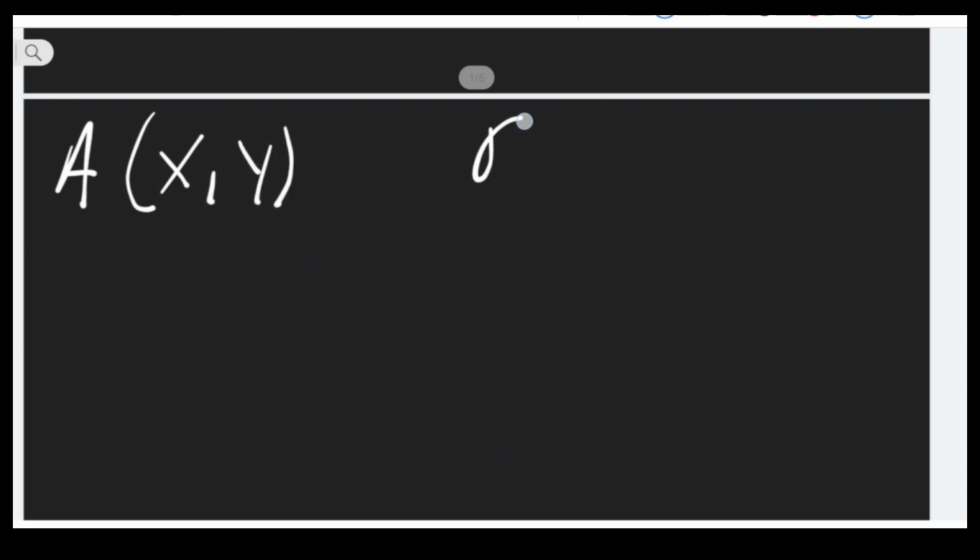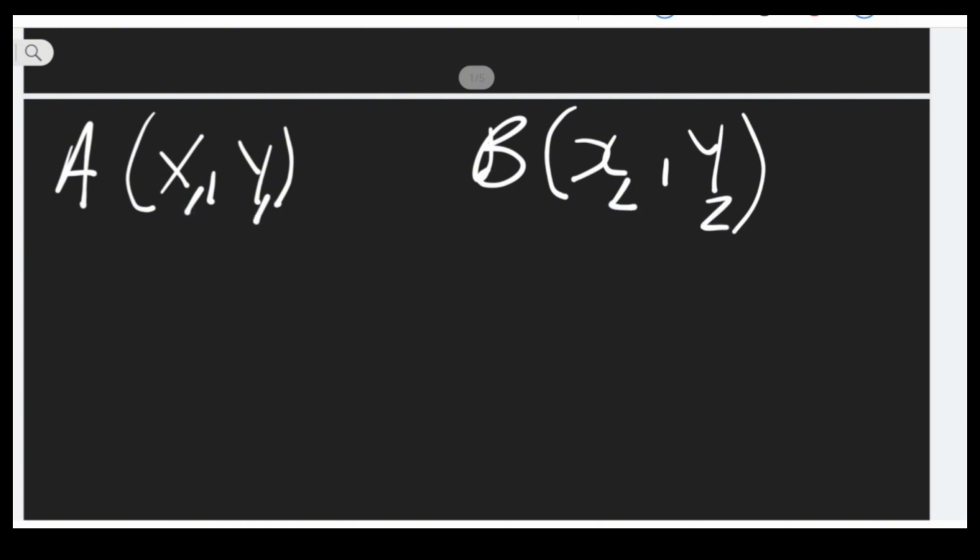Firstly, it is the distance formula. Suppose you are given a coordinate A, which has an x and a y value, and a coordinate B, which has an x and a y value. We can say this is x1, y1, and this is x2, y2.